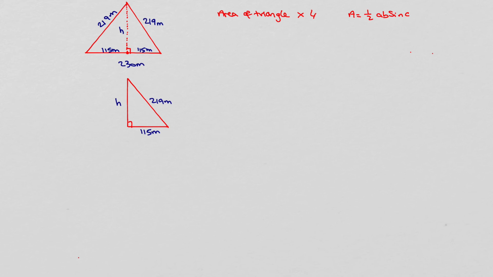So let's work out what this perpendicular height is. Well, we have h squared is equal to o squared plus a squared from Pythagoras. And therefore 219, our hypotenuse, is equal to h squared plus 115 squared. Sorry, this is the perpendicular height, not to be confused with the hypotenuse there.